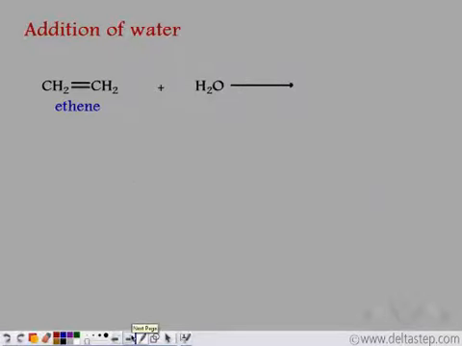Let's take the example of ethene reacting with water. Water is made up of H plus OH. So the hydrogen atom attaches itself to 1 carbon atom, and the OH of water attaches itself to another carbon atom.